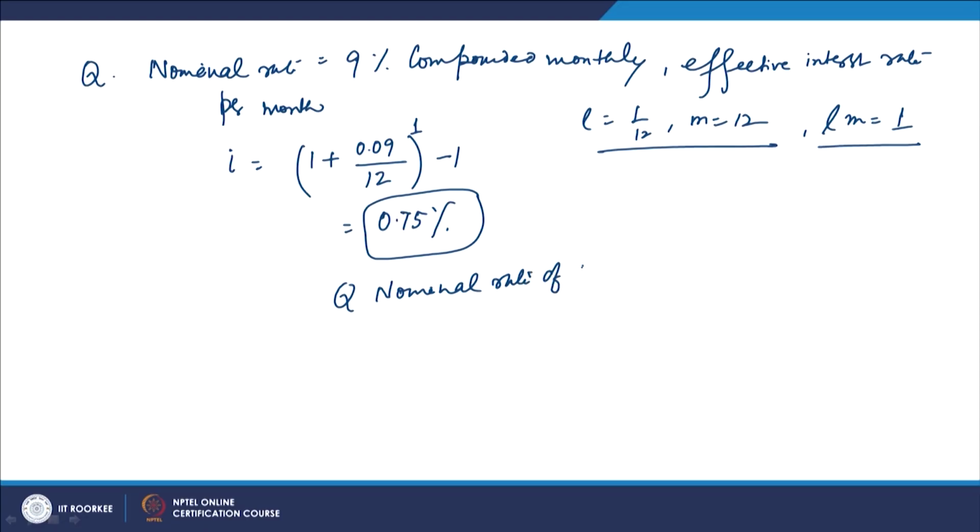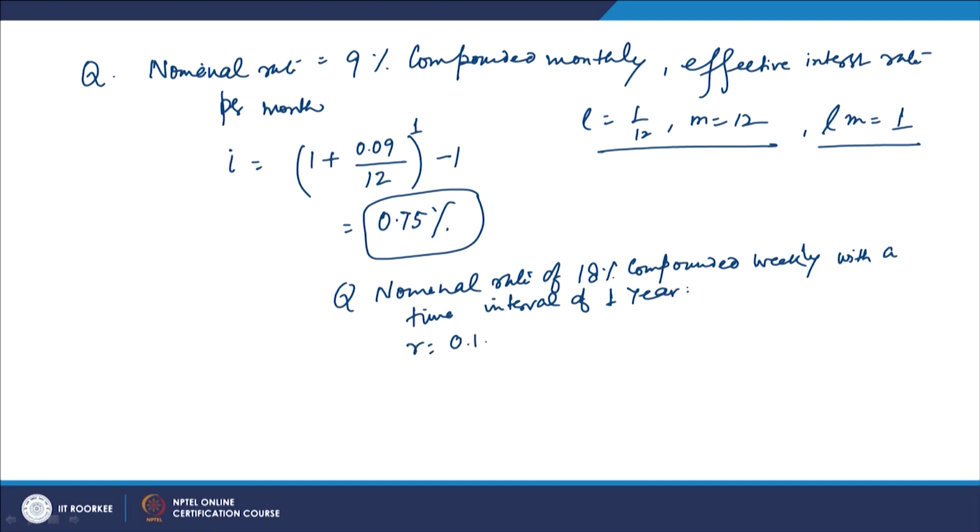Now, let us say in this case you have a nominal rate of 18%, compounded weekly, with a time interval of 1 year. As you see, R is 18%, so R is 0.18.